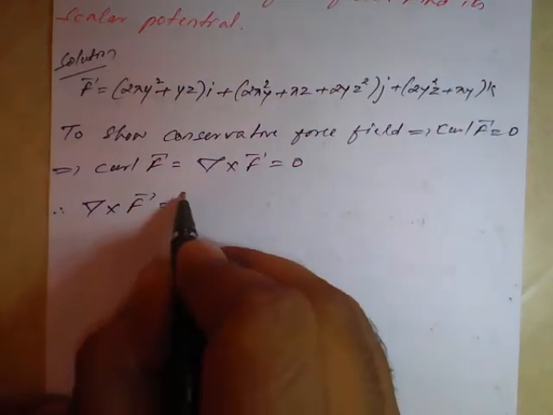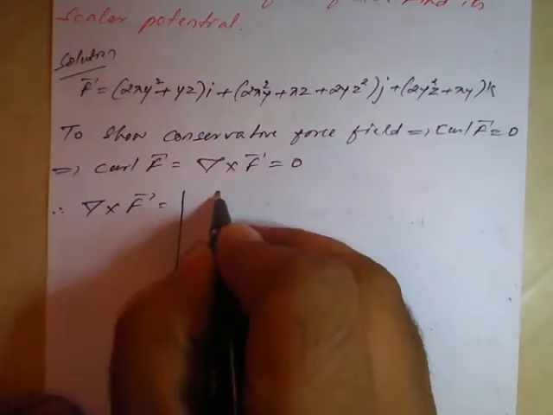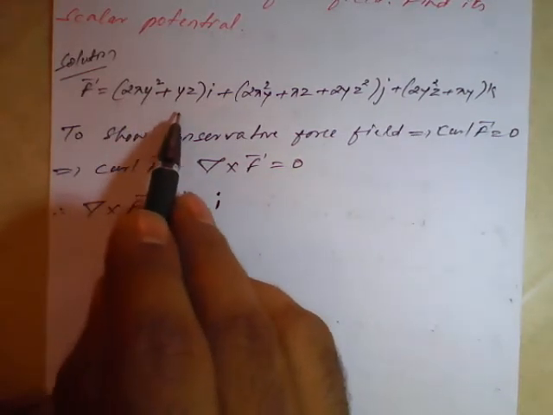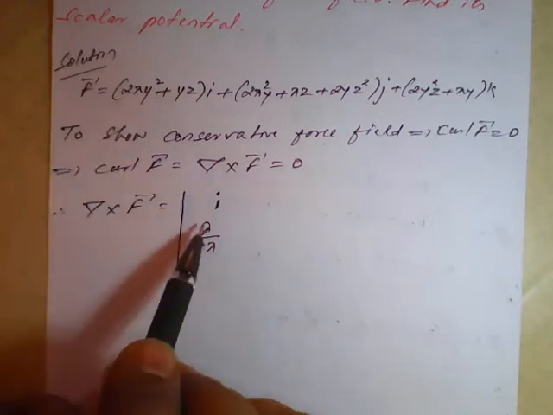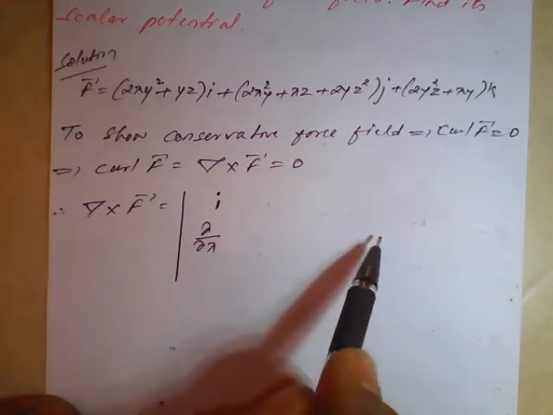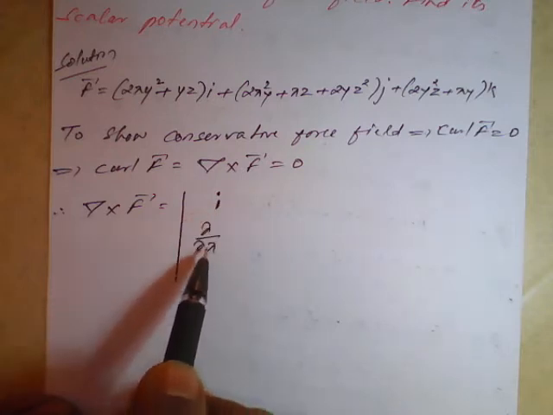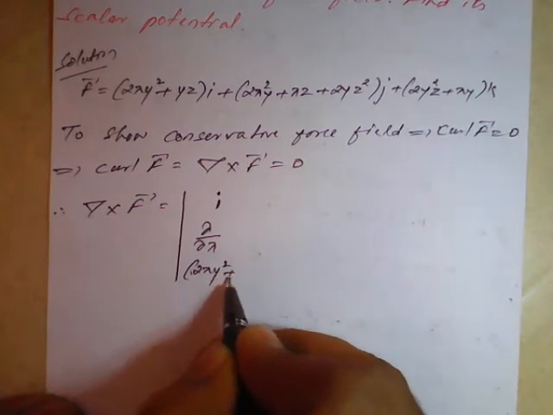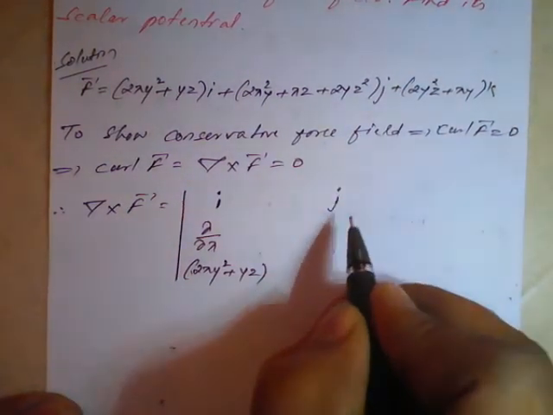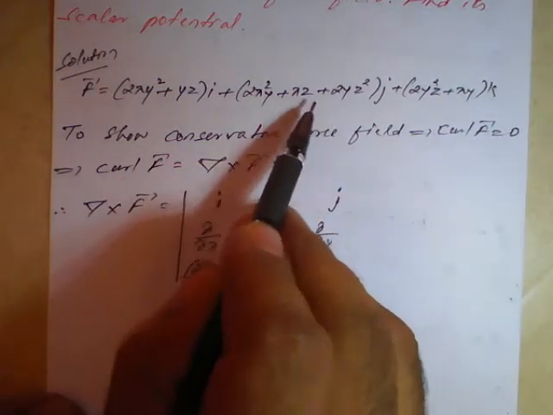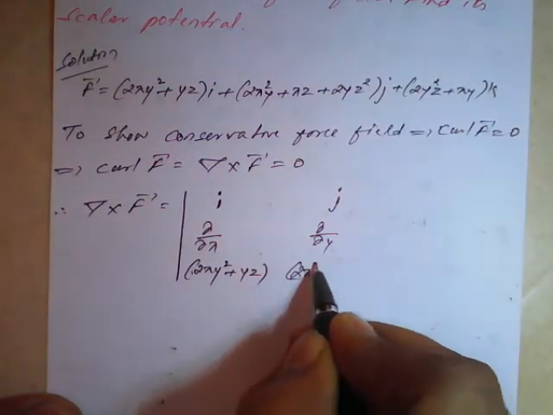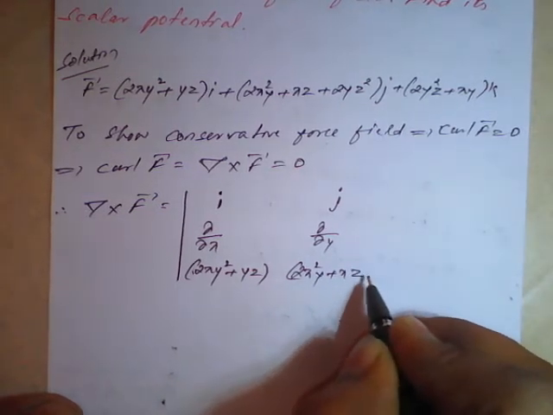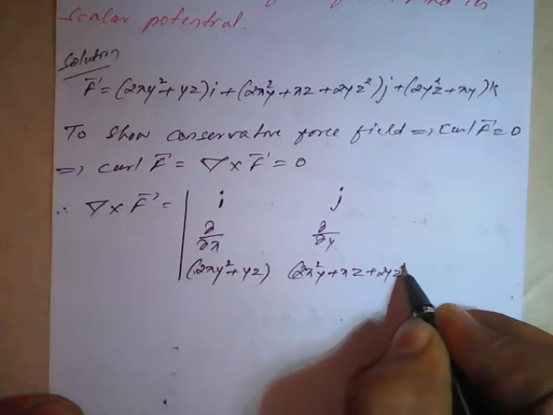the determinant of i, here it will be dou by dou x, and because the terms are big, that's why I am taking column wise. So i j k is fixed, dou by dou x, dou by dou y, dou by dou z is fixed, but I am taking column wise. i, dou by dou x, and this bracket is 2xy² + yz; j, dou by dou y, coefficient of j is 2x²y + xz + 2yz².